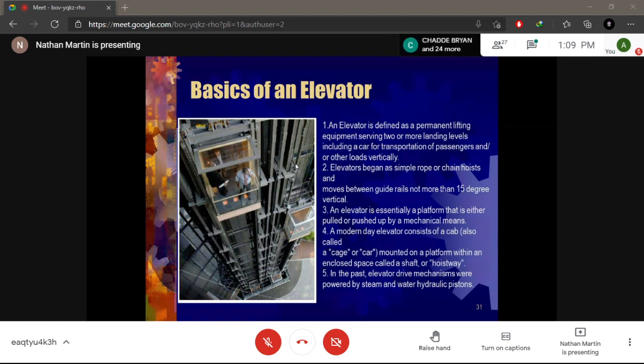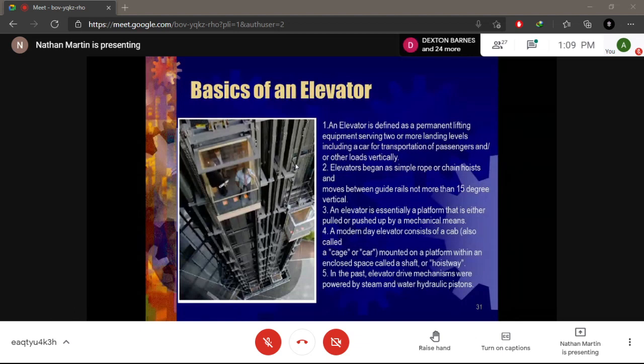An elevator is defined as permanent lifting equipment serving two or more landing levels, right? Unlike the escalator that will serve one landing level to the next, the elevator can serve multiple landing levels, right?